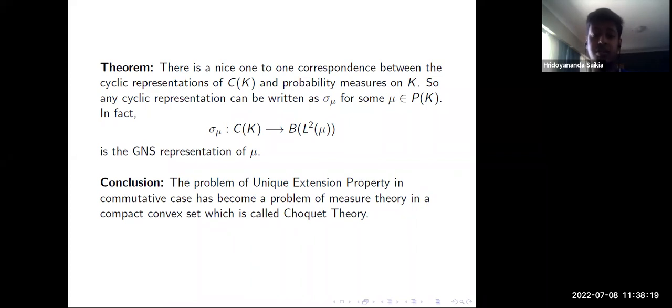So that's how convexity comes into play in my study.